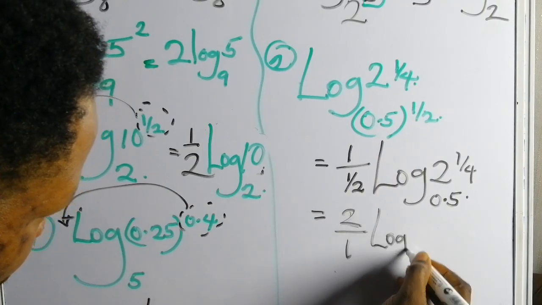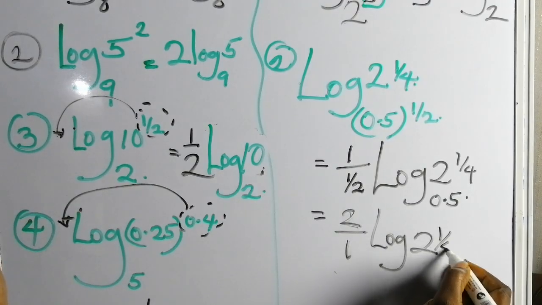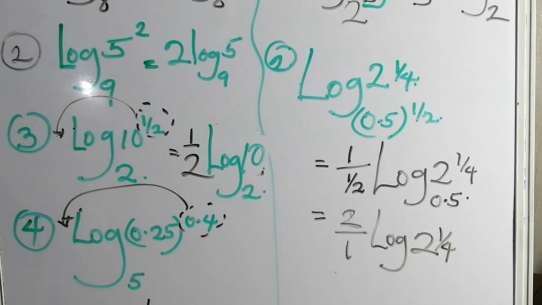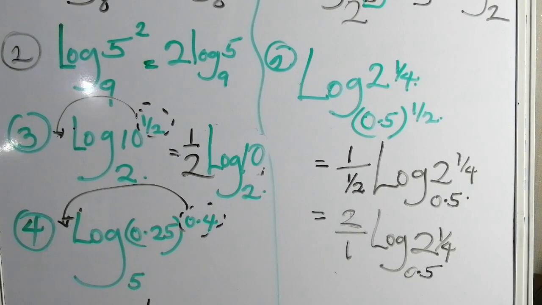So this is the same thing as saying 2 log 2 1 over 4 base 0.5.